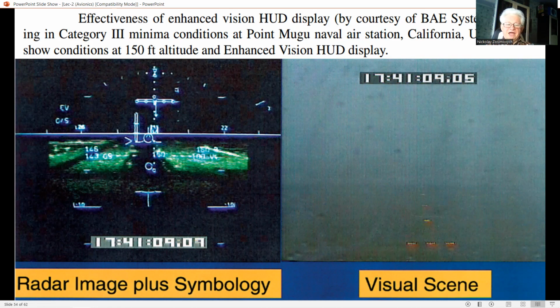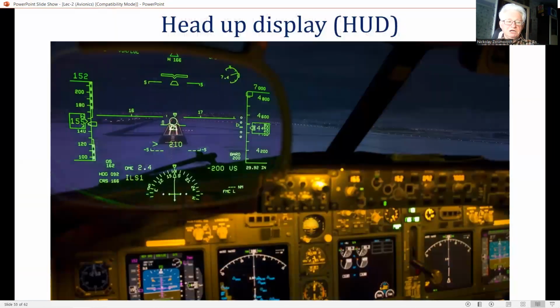This figure shows the effectiveness of an enhanced vision HUD display with overlaid primary flight information symbology. An overhead-mounted HUD installation is practical in a civil aircraft, and is the configuration generally adopted. Also, glare shield HUDs are practical, though there is rarely space to retrofit such a system.